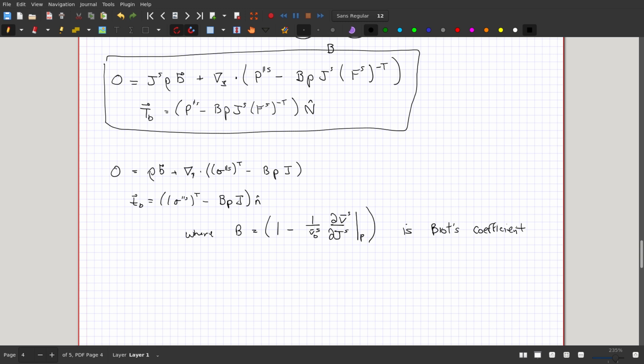Professor, can you say that the Biot's coefficient is sort of a proxy for the amount of fluid in the pore? No, it's not. This is on a solid. Biot's coefficient basically has to do with the density change of the solid, due to the fact that there's both pore pressure from the fluid and potentially external confining pressure.